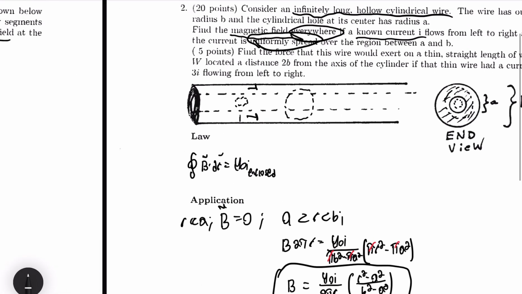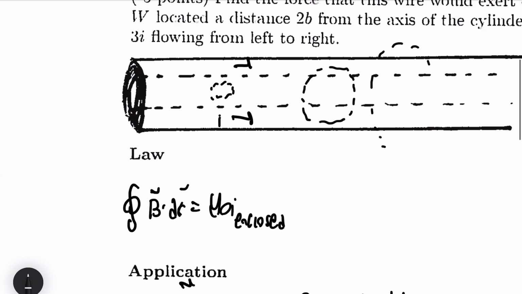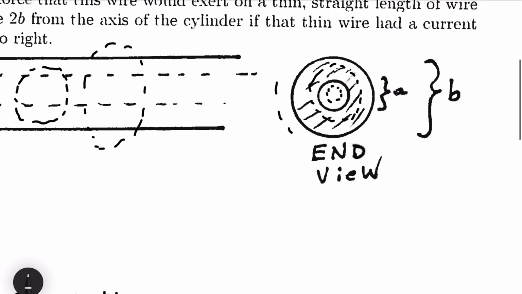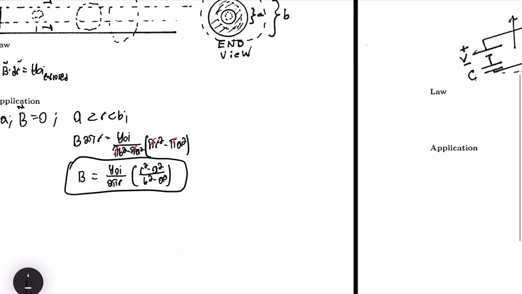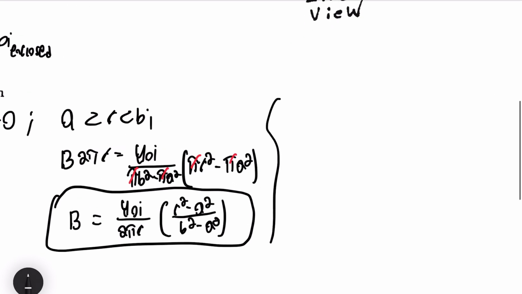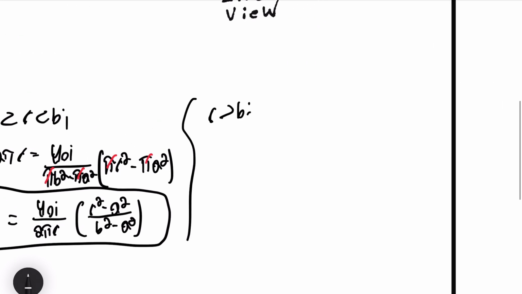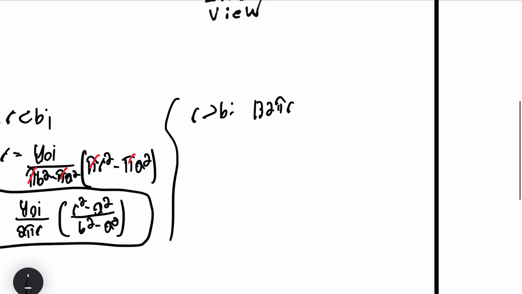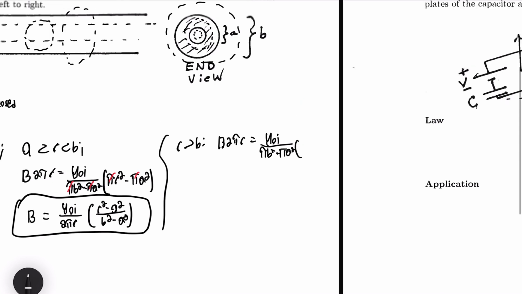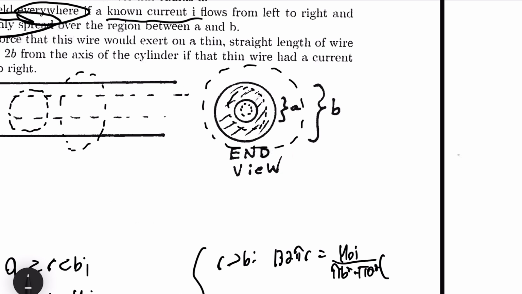And then for my last region, when I'm outside of the wire, so I'm out here on the side view, r greater than b, I get that B times 2 pi r is equal to mu naught I divided by the actual area of the wire, pi b squared minus pi a squared, times the area of where my loop is. We see that our loop is bigger than the actual wire, so our loop is going to have the max area that the wire has.